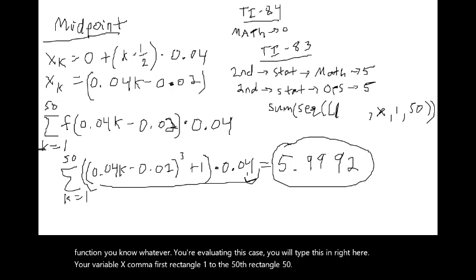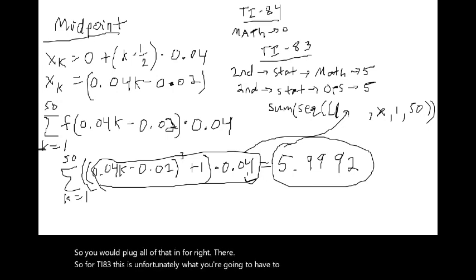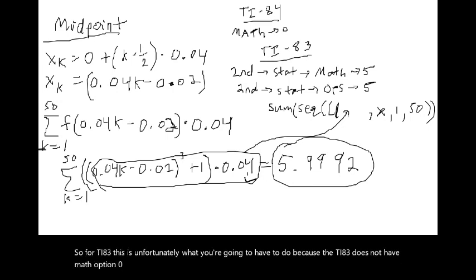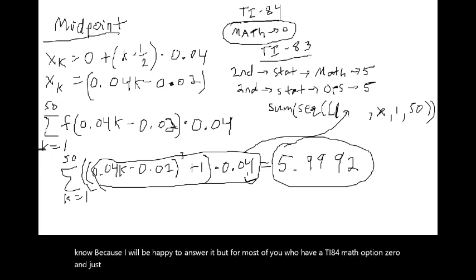So you would plug all of that in for right there. So for TI-83s, this is unfortunately what you're going to have to do because the TI-83 does not have math option 0. If you have a TI-83 and you have any questions on this, please email me and let me know because I will be happy to answer it. But for most of you who have a TI-84, math option 0, and just type in your sum exactly how you see it here, it's pretty straightforward.